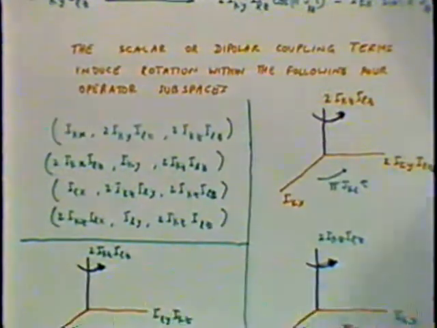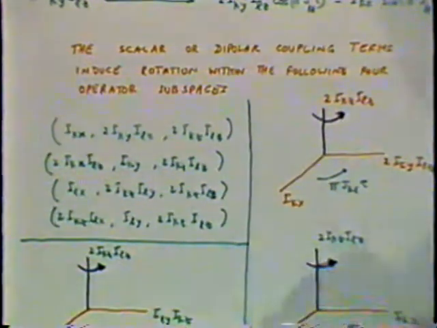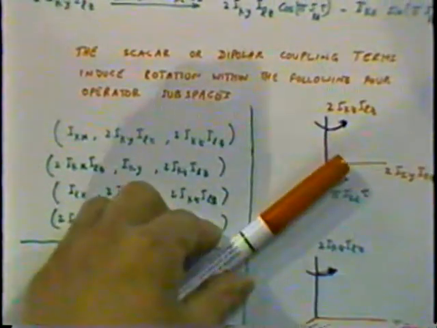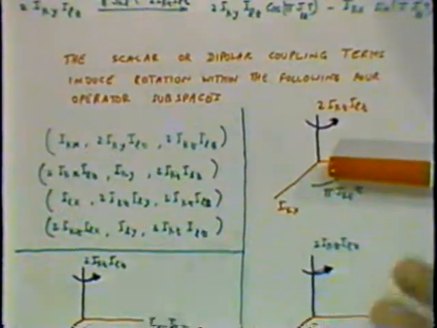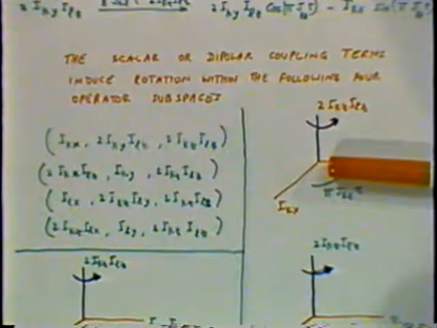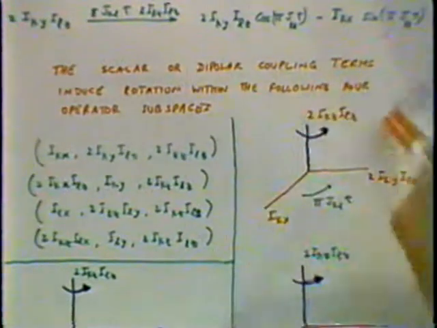J evolution represents a rotation in this subspace. You can rotate about IKZ, ILZ, or you can rotate about IKX, and you will get from one to the other, or you can rotate about IKY, ILZ, and you will get from one to the other.